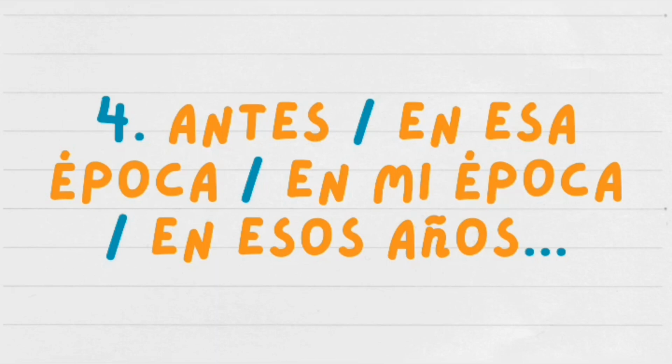Also, if you are using in my time, which means en mi época, in my time, okay? And finally, if you're talking about in those years, which means en esos años, in those years, en esos años, okay? So if you have this type of expressions, it means that you have to use the imperfect past, okay? Let's see some examples with some sentences.